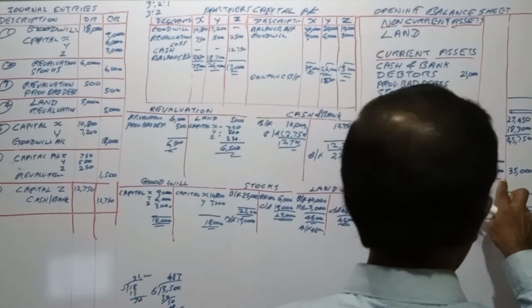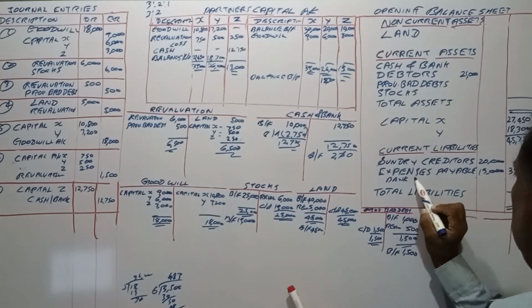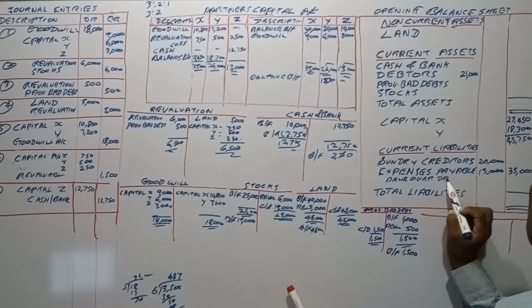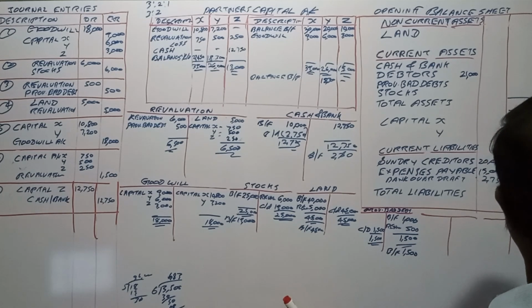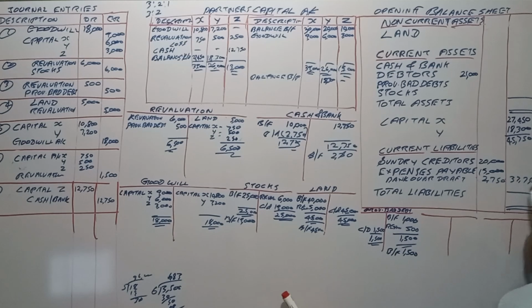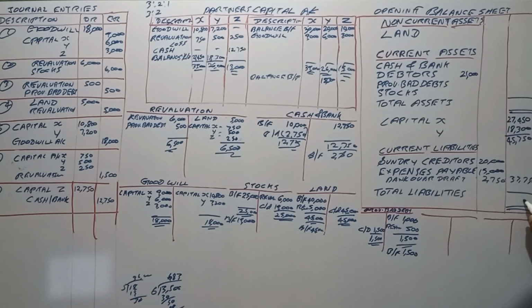So here look at cash, bank overdraft, 2,750. 37,750 is the balance. So 83,000, 93,000, sorry, 83,000.